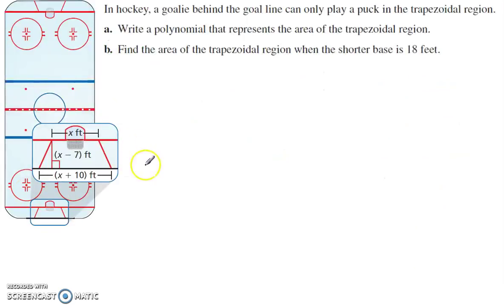Alright, and here's a tricky problem. In hockey, a goalie apparently can only play a puck in this trapezoid back here, in this trapezoidal region. Alright, and that trapezoidal region is given in these measures. We want to write a polynomial that represents the area. Now, the area of a trapezoid is 1/2 the height times base 1 plus base 2.